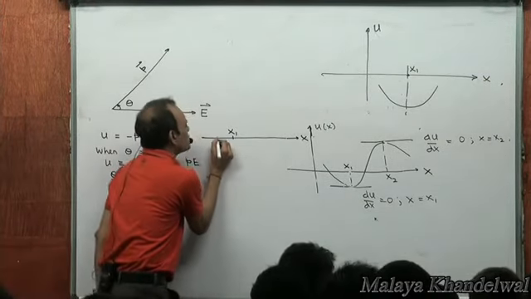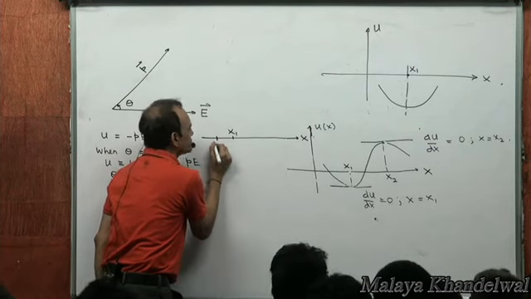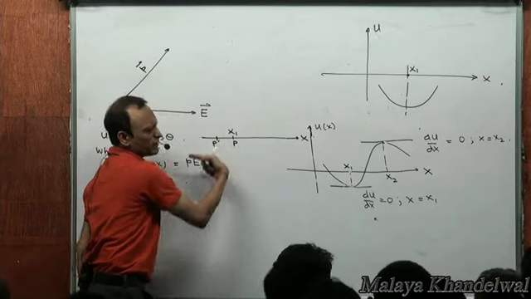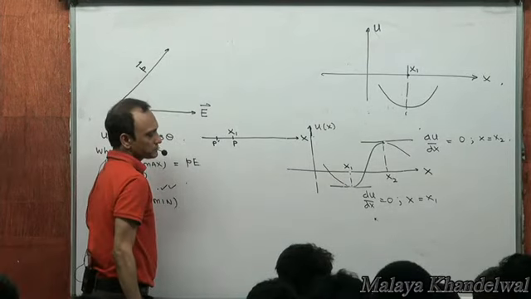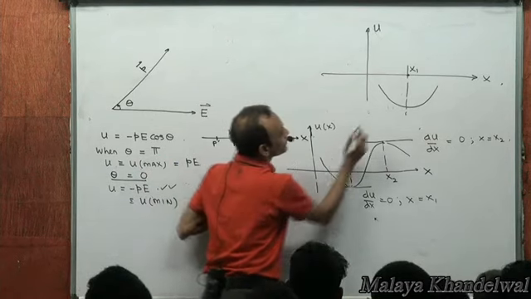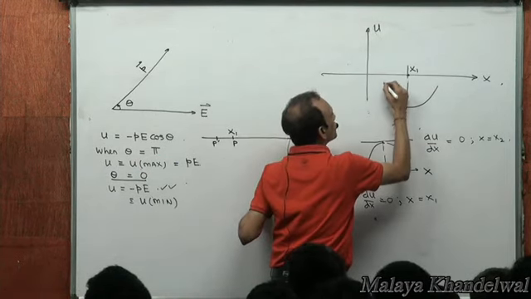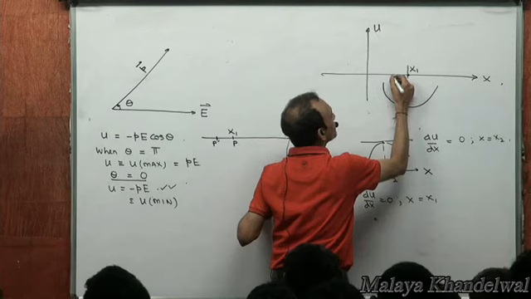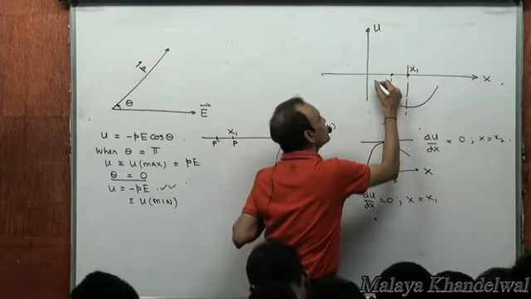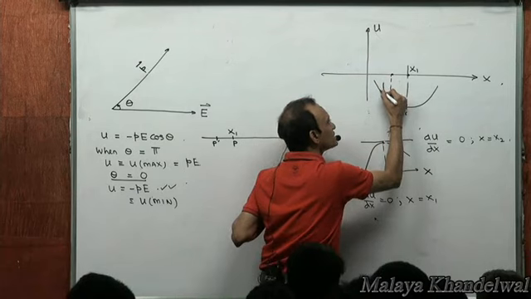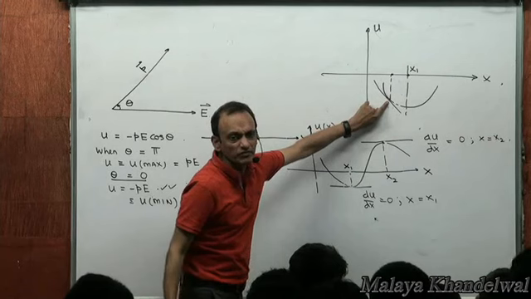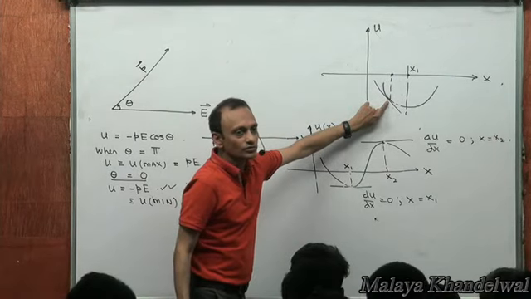When I displace the particle slightly to the left, when the particle goes from p to p prime, slightly to the left of x1, the force that the particle will experience will be the negative of the slope, yes or no?